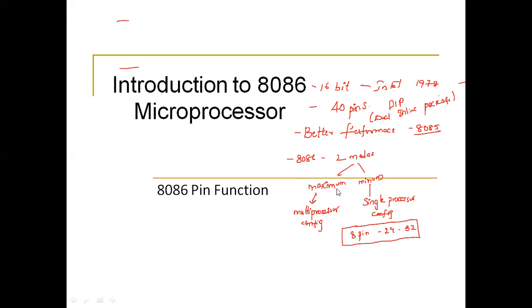Maximum mode is a multi-processor configuration, and minimum mode is a single processor configuration. These are the two different modes in which this processor works. This is the introductory part of the 8086 microprocessor.